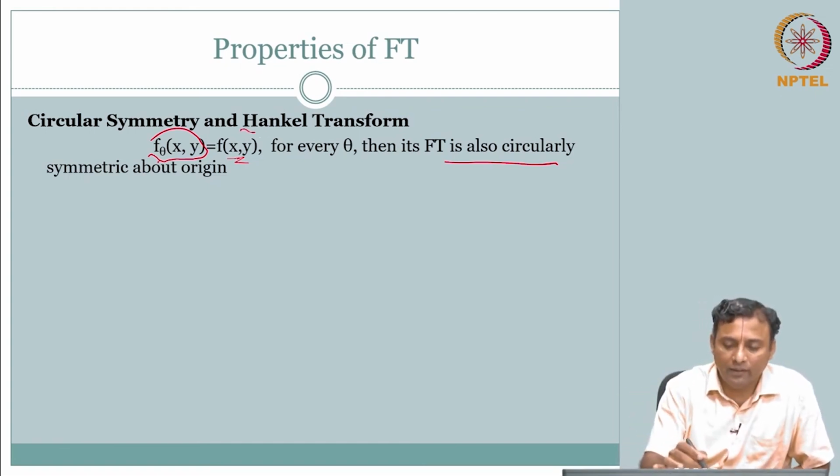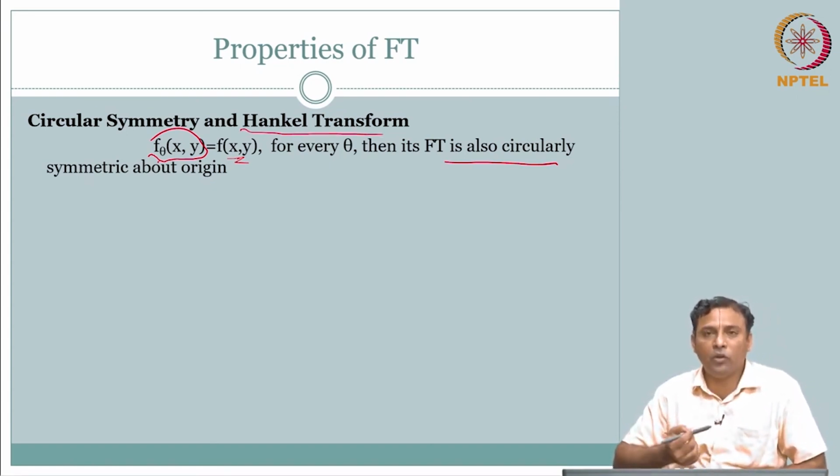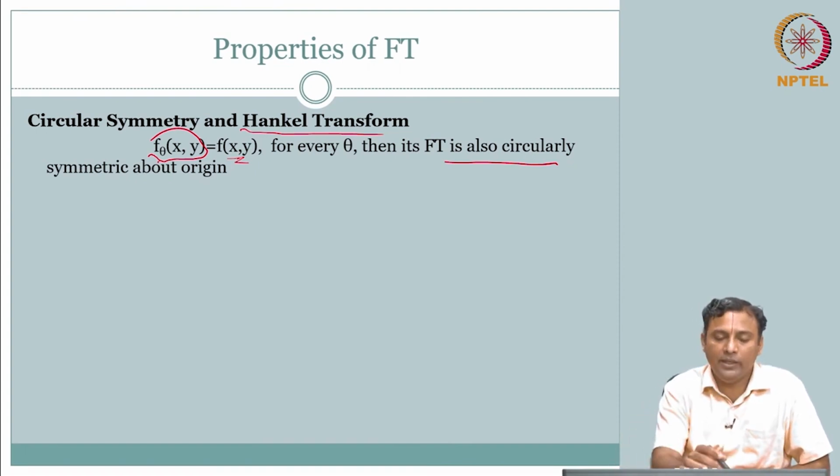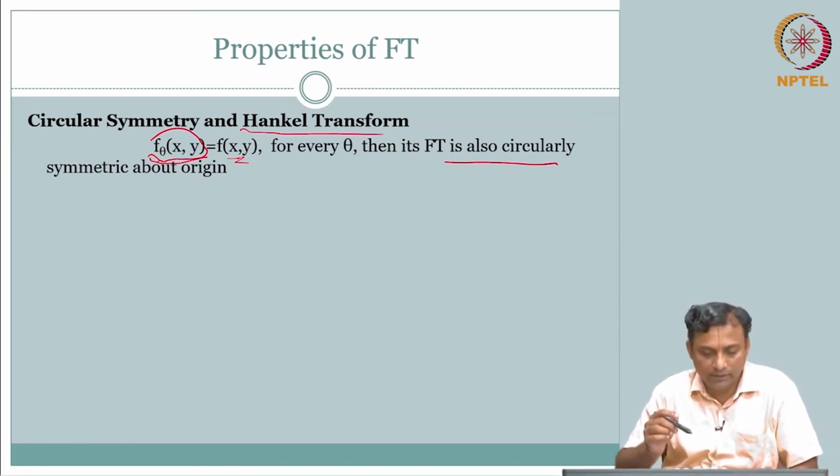But then we will have to look at a little more detail as to how we compute this 2-dimensional Fourier transform. If I have f of x comma y as circularly symmetric, that is f theta of x comma y as the input signal, a special case, it turns out the Fourier transform is also circularly symmetric.